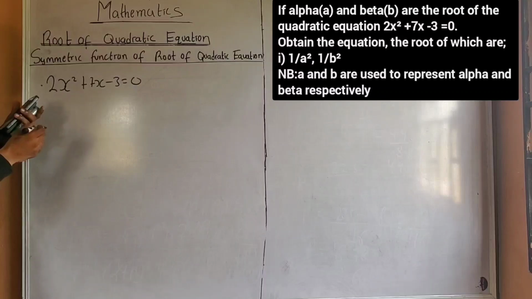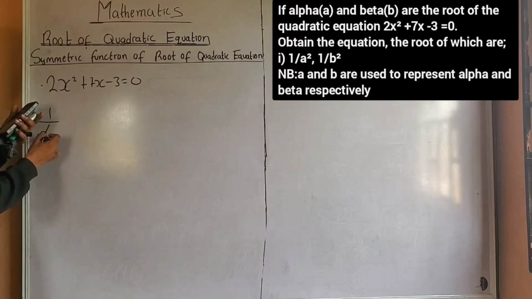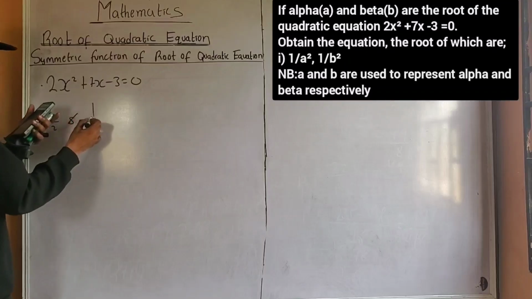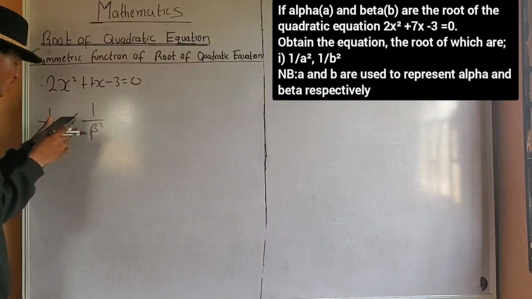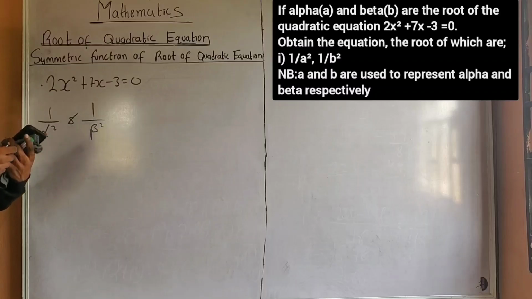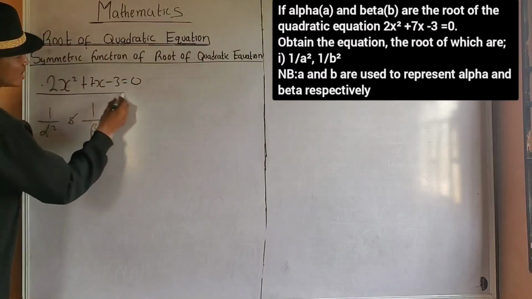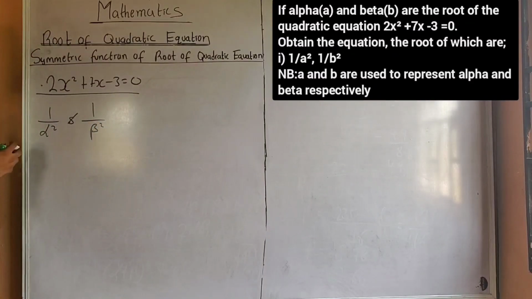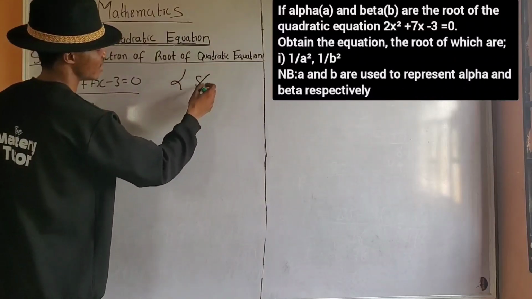Now we are asked to find the equation whose roots are 1 over alpha squared and 1 over beta squared. Okay, now how can we solve the question? Please pay attention. To solve this question, do you know we are given that for this equation the roots are alpha and beta.